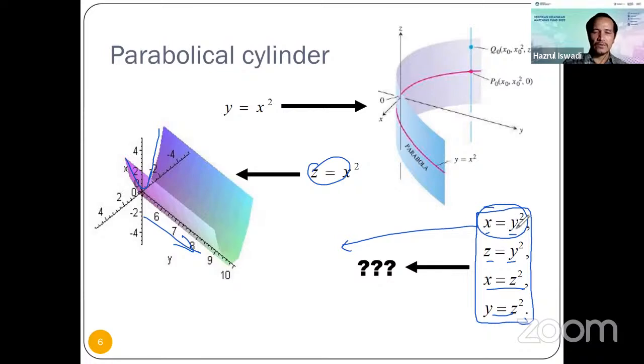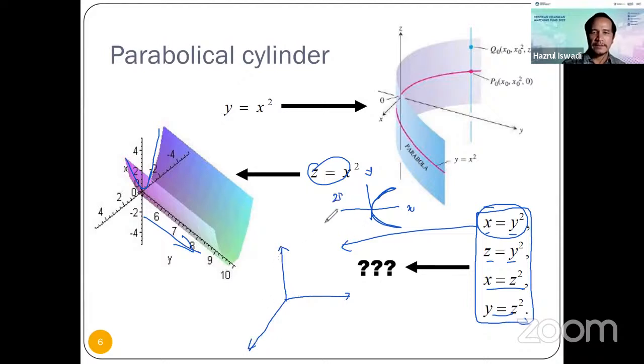X is equal to y square. It means that in two dimensions we have x and this is y, and x is equal to y square means that the parabola looks like this, opening toward the x axis. So we should draw the parabola in three dimensions.